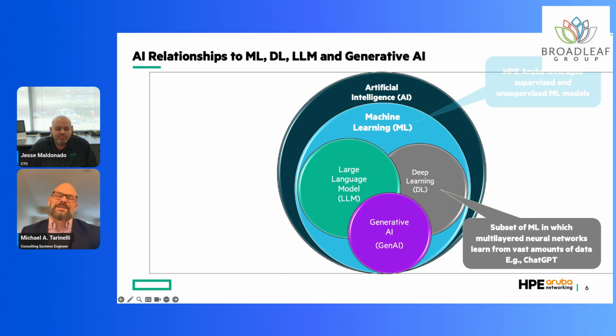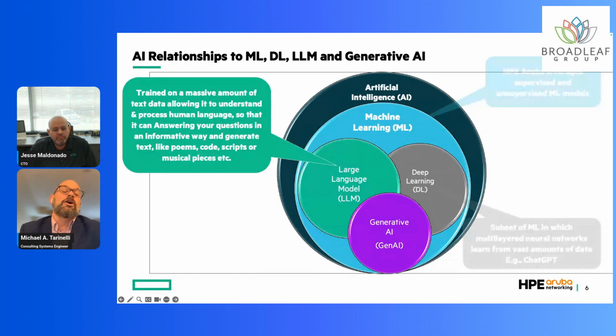It uses huge data sets, and much more complex models that are much more compute intensive than what Aruba needs to find anomalies on our customer networks. So we don't do much with deep learning, but when it comes to large language models, for sure.